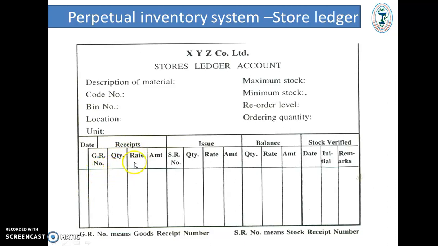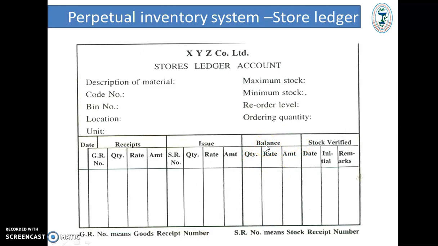Quantity, rate that is per kg or per unit rate, and amount that is total amount. Similarly, issue, that is stock receipt number, quantity, rate per unit of material and total amount. Again, balance, quantity, rate and amount. So everywhere two columns are added, that is rate and amount of that material.